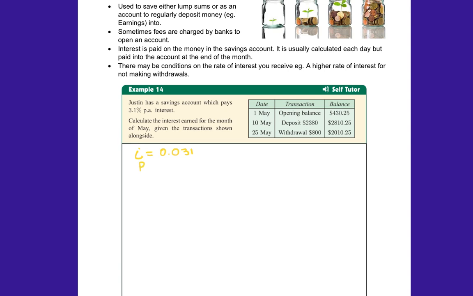So as a decimal, 0.031, our present value is $430.25. Now we need to do this in three sections. 1, 2, 3. Now the first section is 9 days long.